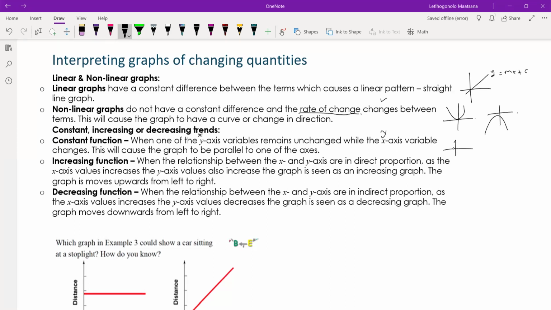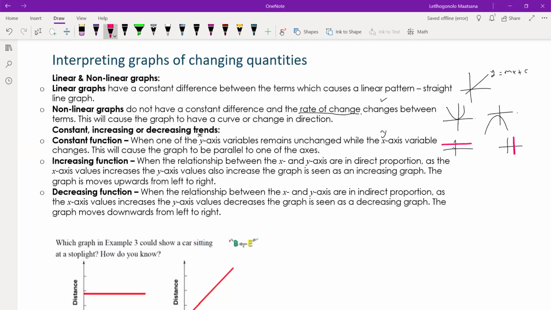So if we have a y that is unchanging, our line will go like this, and if we have an x that is unchanging, our line will be parallel to the y-axis.